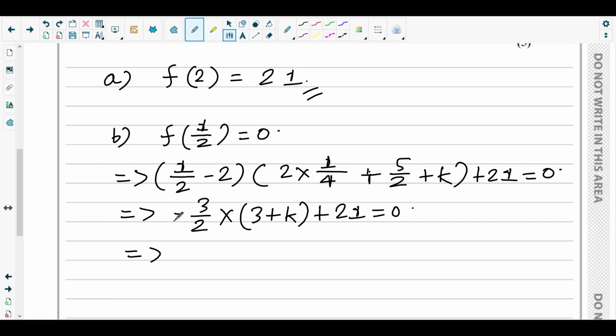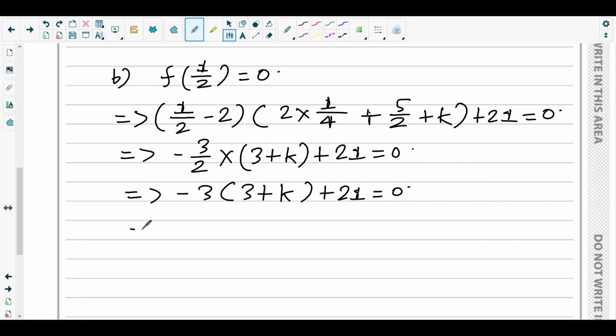Okay, so we can multiply both sides by 2. You will get negative 3 times (3 + k) plus 21 equals 0. Now multiply the bracket.